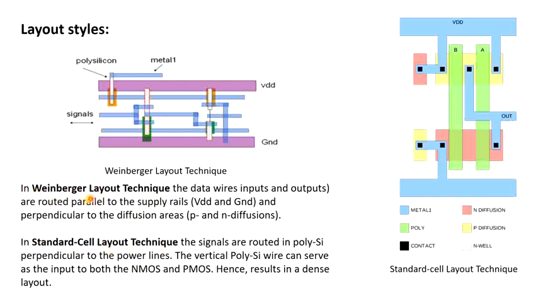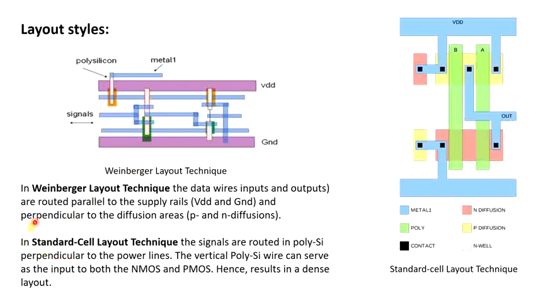In the Weinberger layout technique, the data line wires, you can see here, all these signal lines, the inputs or the output, are routed parallel to the supply lines. You can see these are the supply lines, VDD and ground. So signal lines are parallel with these supply lines, VDD and ground, and obviously this has to be perpendicular to the diffusion areas.